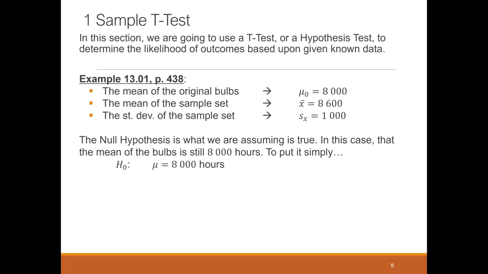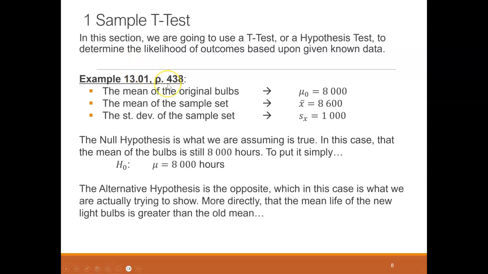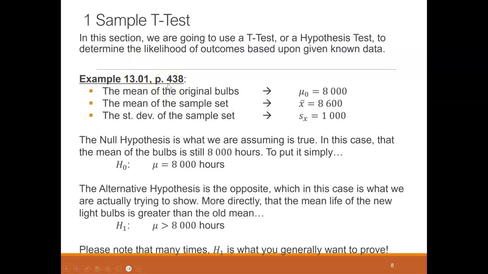Because we're trying to show that the new light bulb lasts longer. That's exactly right. It was basically told to us in the problem. So my alternative is that the mean is actually bigger than 8,000 hours, that this new light bulb is actually a better light bulb. So far, so good? Okay.